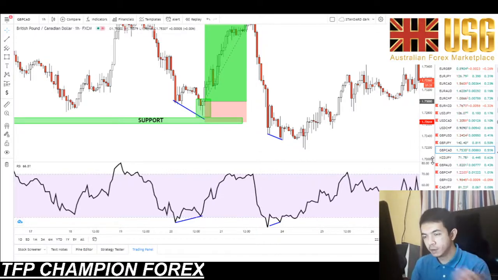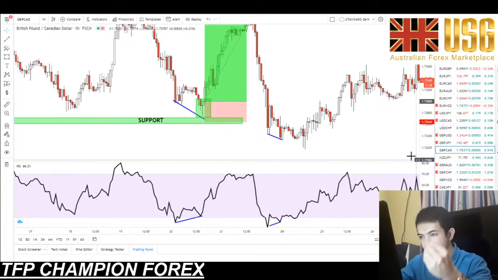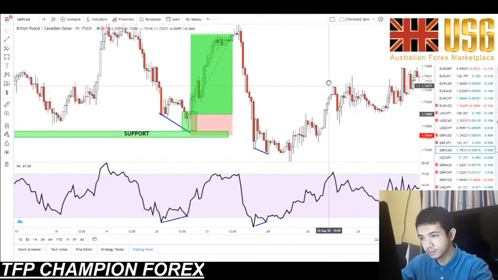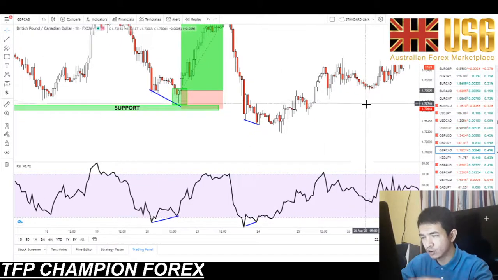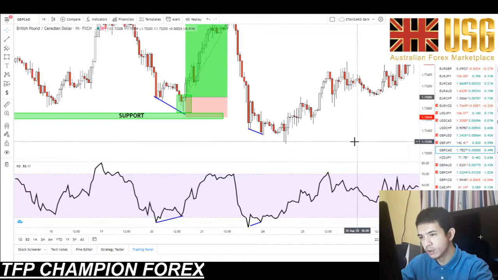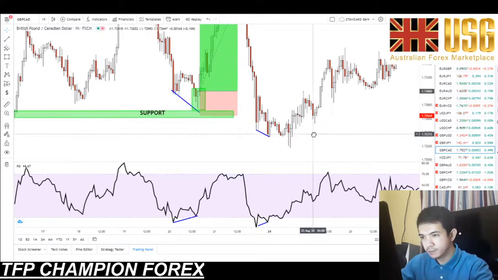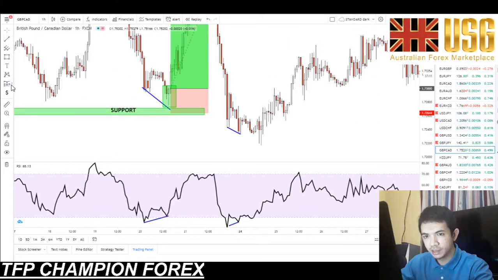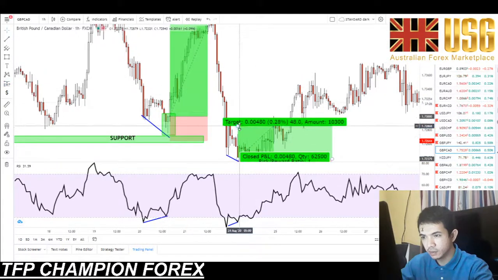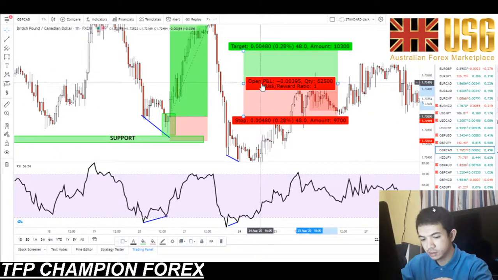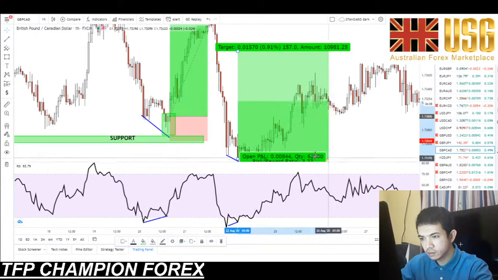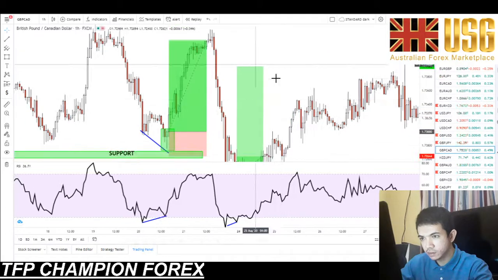Normally, people using this strategy, guys, what I do is I use this for scalping. Alright, you can also use this for intraday trading or even swing trading. However, for scalping, whenever I place a trade like this, long position, for example, just example, alright.